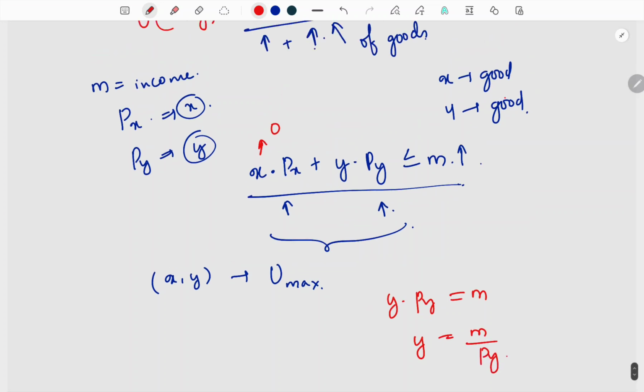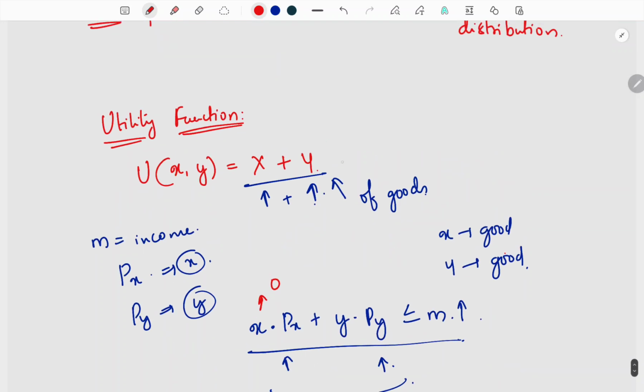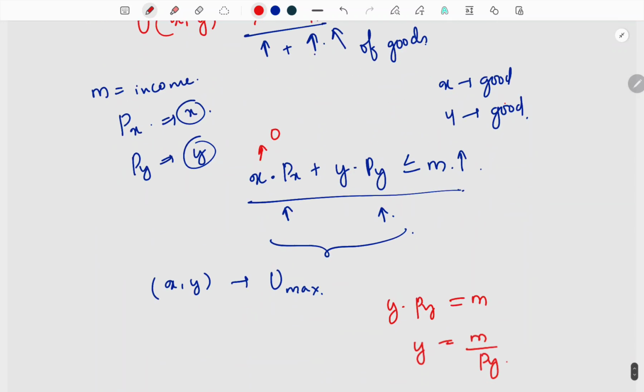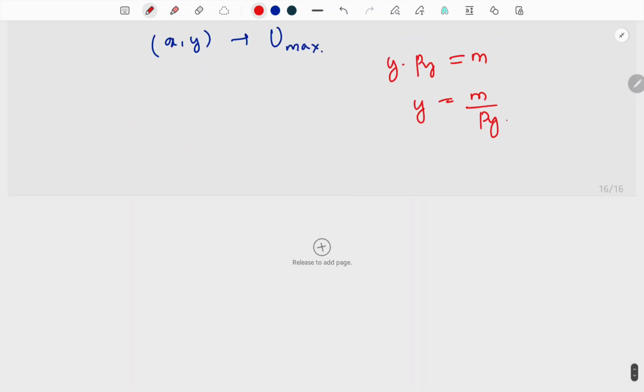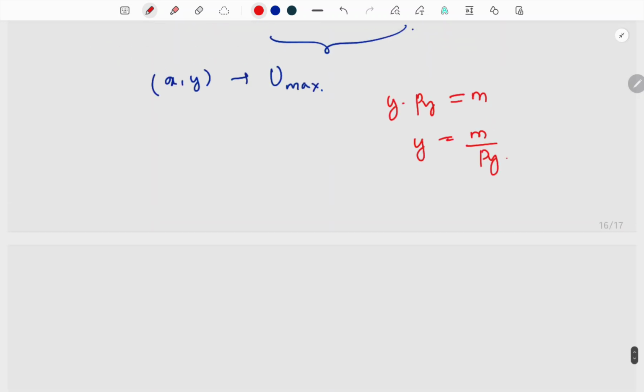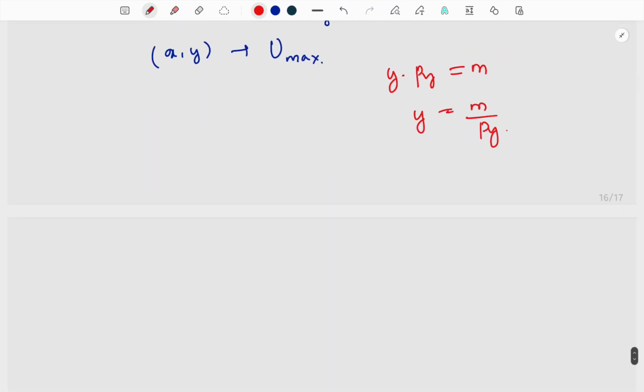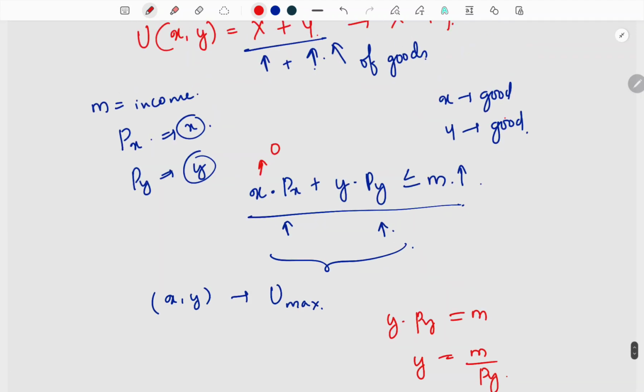And one thing is, whenever he is consuming x plus y, you got m by py equals y. Okay, and in the next step we are going to find out x when y is 0.